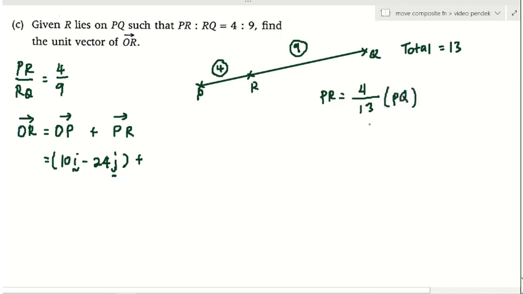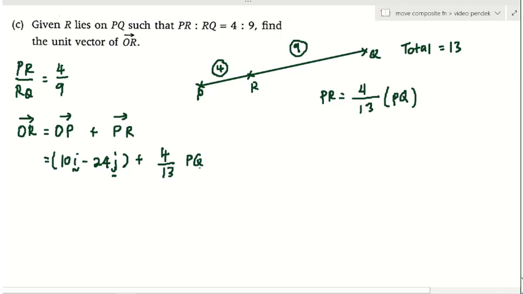This is the representation of a ratio that you must learn and understand, because it is applied in all chapters, not just in vector. It usually comes out in vector and coordinate geometry and any diagram and graph. PR is 4/13 of PQ. What is PQ?